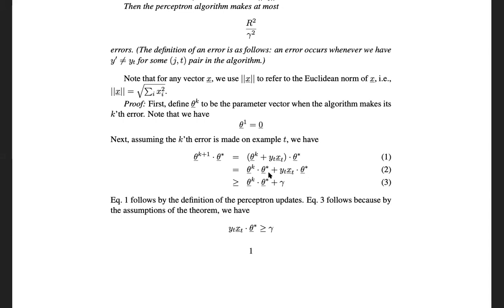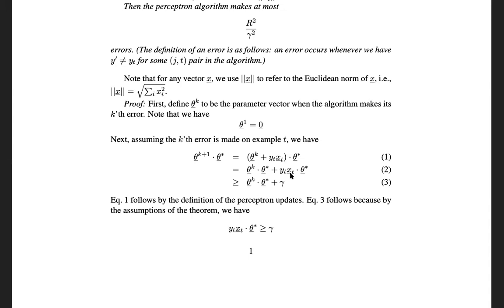In fact, we can remove the absolute value and just say y_t x_t theta star has to be greater than gamma for all t. They are both equivalent statements.